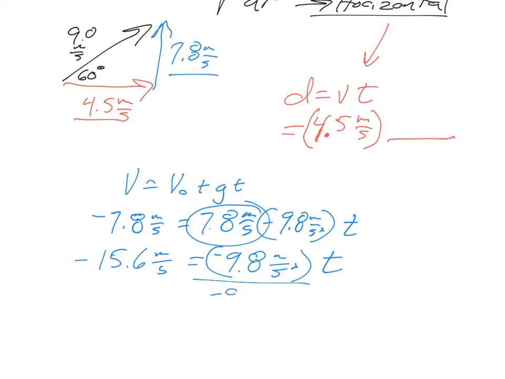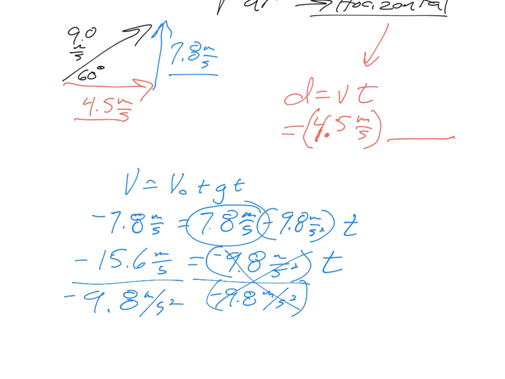I have to divide both sides by negative 9.8 meters per second squared. So that's gone on that side. If you look, my negatives are going to take care of themselves, so I still get a positive 15.6 divided by 9.8.